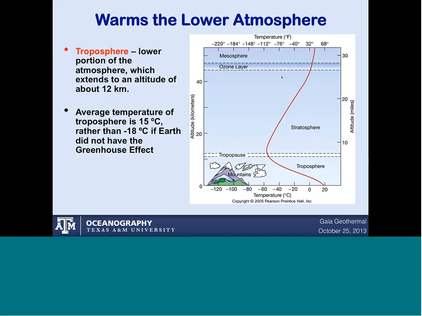Now, the greenhouse effect is not all bad, right? We actually are glad Earth has a natural greenhouse effect because it keeps the lower part of the atmosphere, the troposphere, warmer than it would be if we didn't have it. What you're looking at here is just a temperature profile through the Earth's atmosphere.